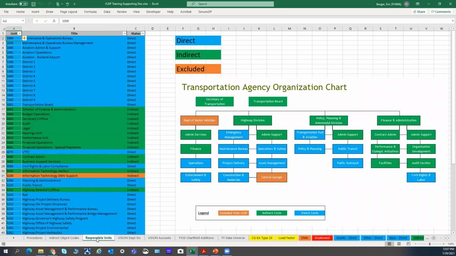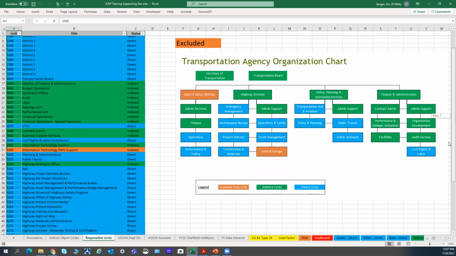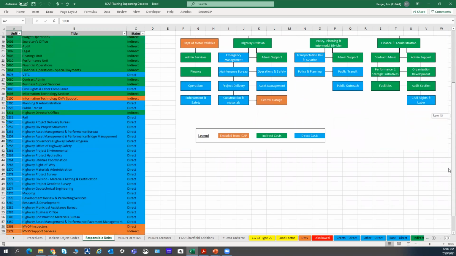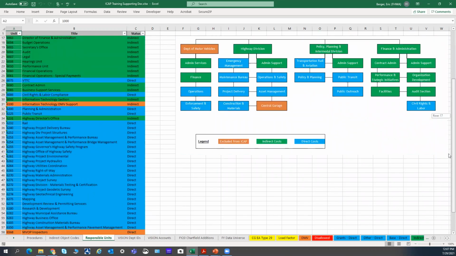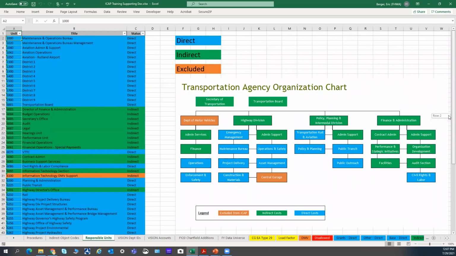Here are your responsible units. There's that org chart. I just pasted that in there because they had already color coded these with green and blue in their workbook. When I opened the ICAP while preparing for this presentation, I thought, the color code's exactly the same, so why not just paste it in there so everybody can see what we're talking about.